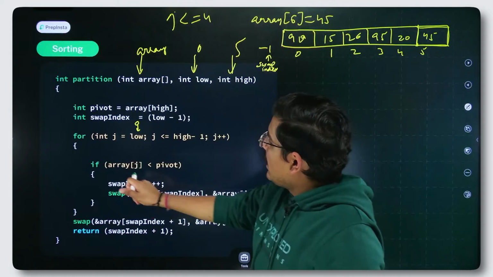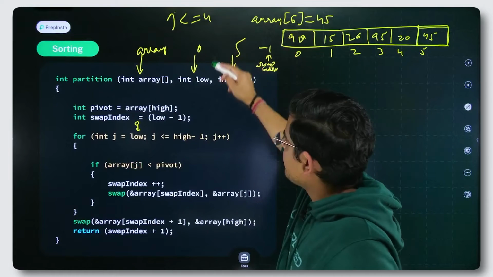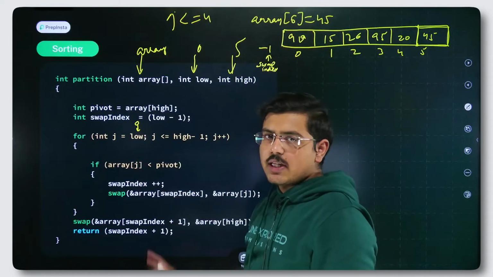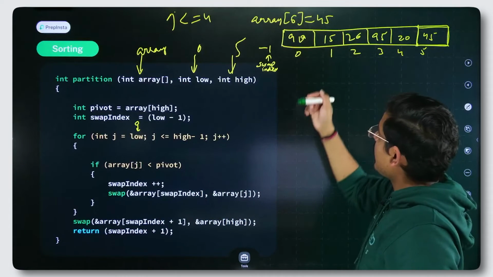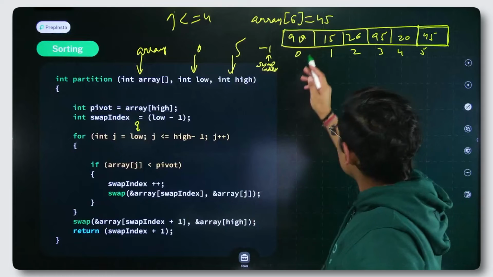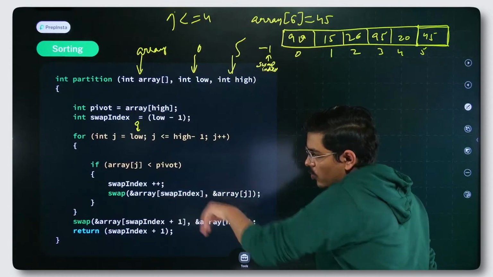Now if array of j, whatever the index j is, we'll check the value. So you can say that array of j is right now array of 0 because j is 0. If it is smaller than pivot, then something would execute.